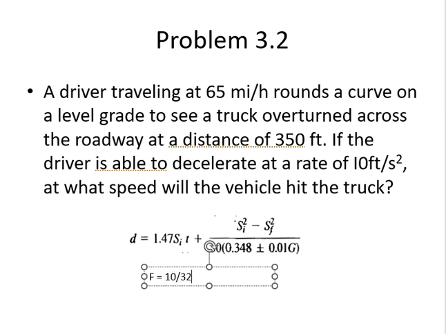So how much is the F value now? So instead of 0.348, we will use 0.31. So now what is D? Oh, sorry. Yeah, 350. But what are we trying to calculate? SF, the final speed. Tell me the final speed.